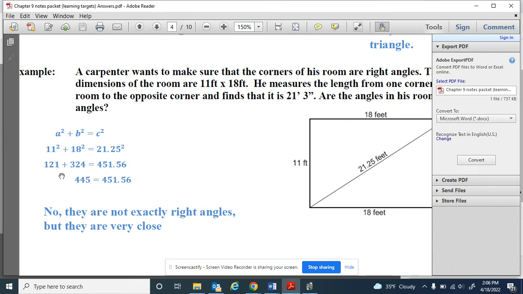And adding our numbers together on the left side, we're going to get 445, which takes us really close to 451.56, but the numbers aren't quite the same. And so the numbers do need to be exactly the same to get a proper 90-degree angle there. And these would be off by far enough where they would need to go back and recheck that angle between the two walls. So they're close, but not quite.